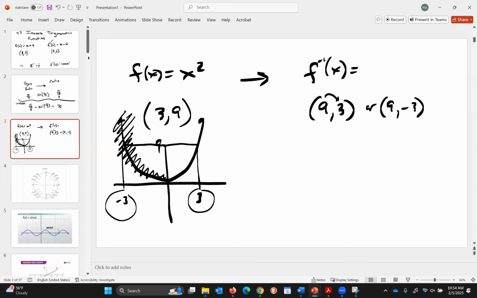And then this way, this now allows me to have only one answer going this way. Also, it allows me only one answer going this way. Coolio? Okay, now what we really say is this. What we've done is we have made it that it passes a horizontal line test. Are we good?